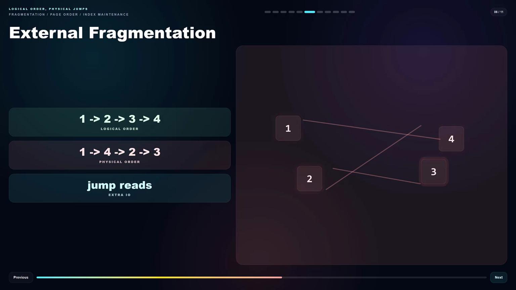But because of continuous inserts and updates, the pages are now physically arranged like this: page 1, page 4, page 2, page 3. Although the logical order of the data is still correct, the physical storage is no longer continuous. SQL Server has to jump between different locations while reading the index. Those additional jumps increase physical I/O and reduce performance.